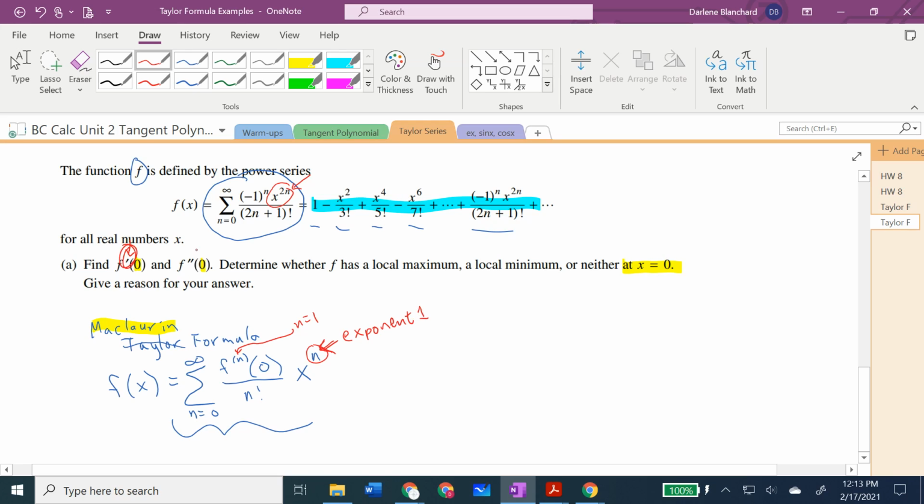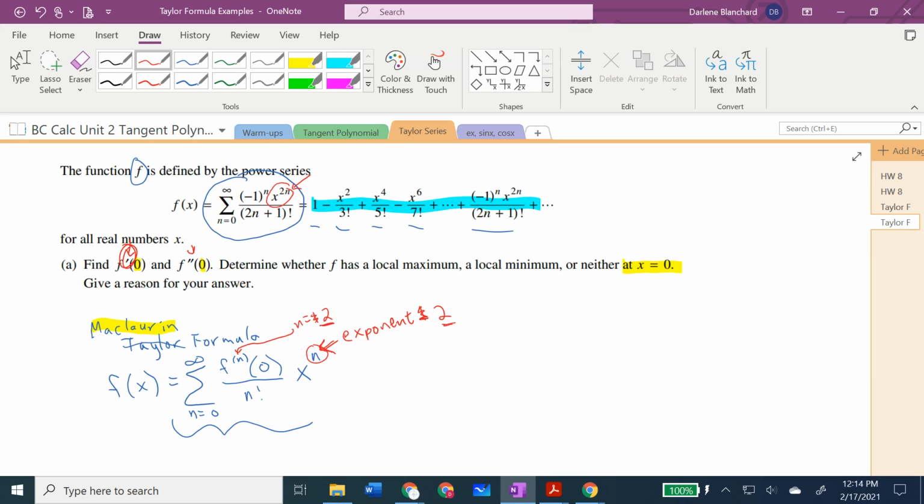If you want to find the second derivative at the center, you're going to find it where you see exponent 2, because based on the Taylor-Maclaurin formula, you're going to get second derivative when the exponent is 2. And so this continues on and on with any derivative order of the function at the center.